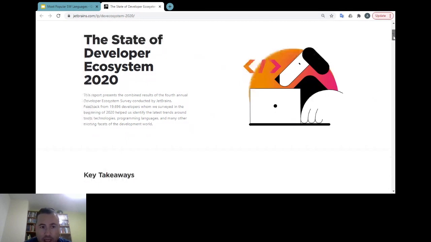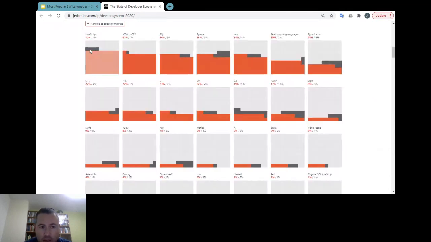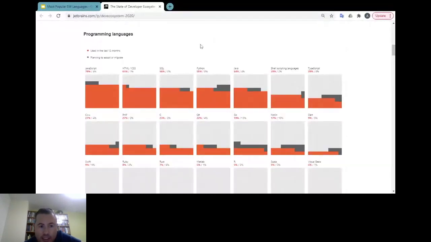Now, the gray squares are the languages, or the percentage of people who are thinking of using something, and people who are using it is the orange percentage, orange squares.